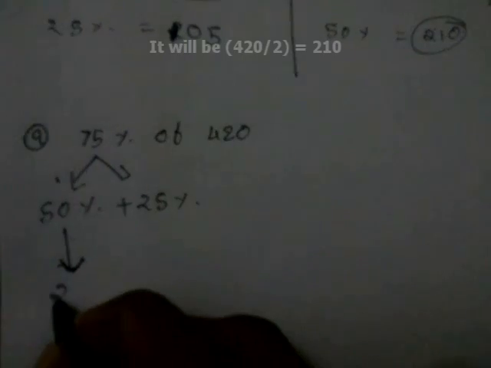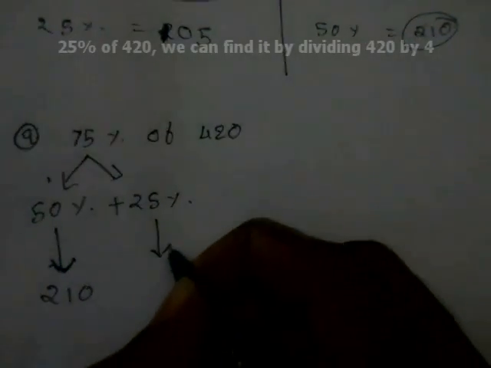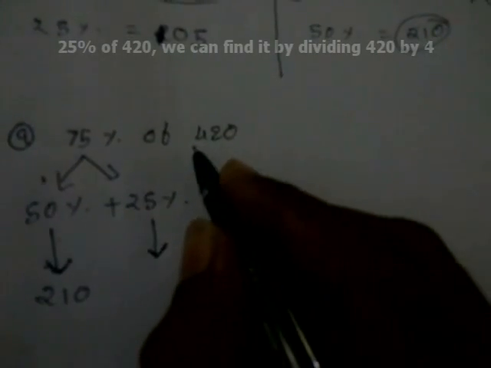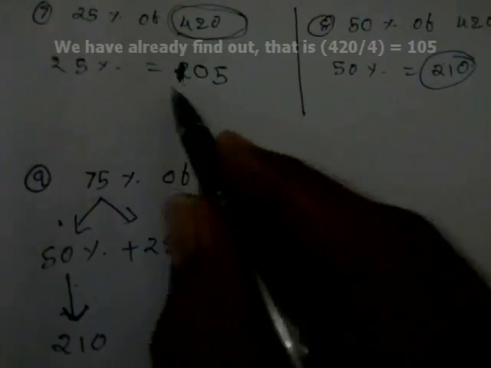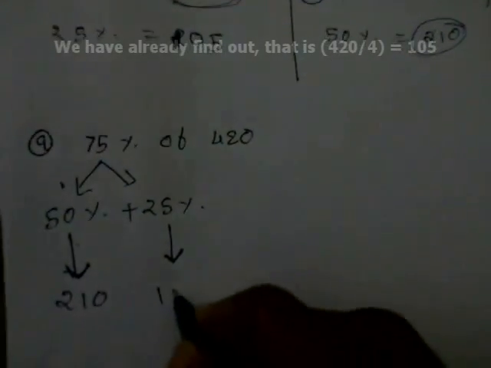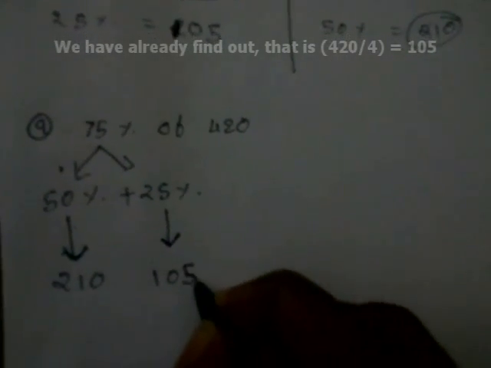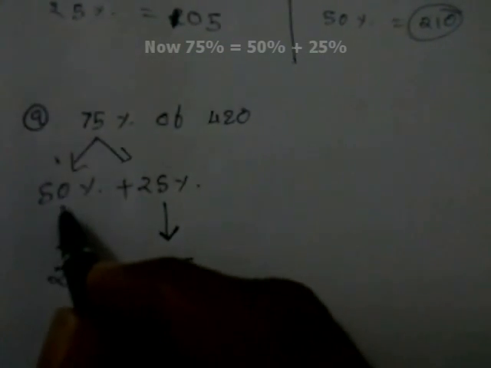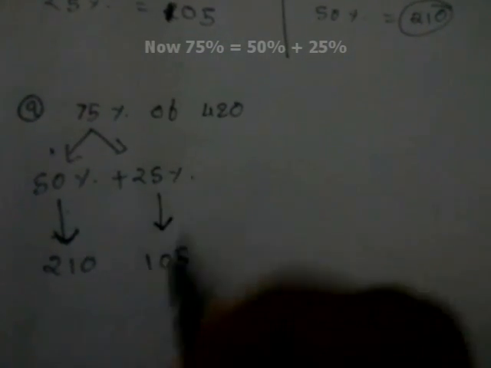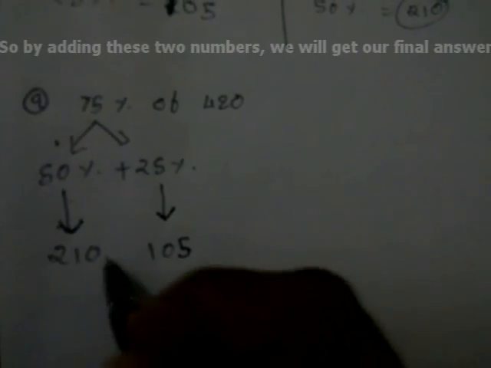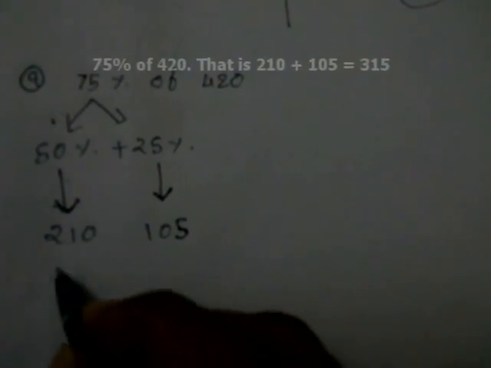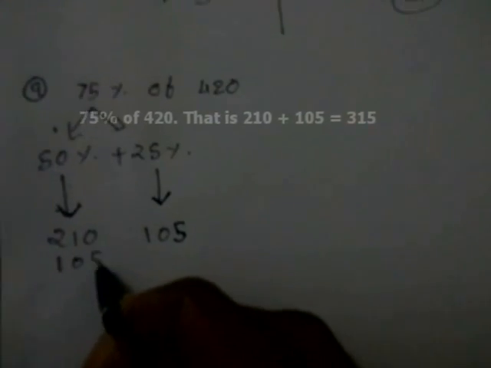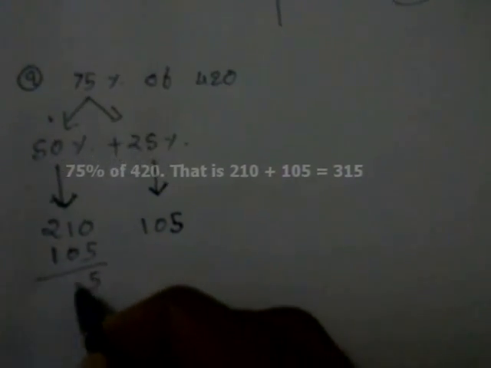It will be 210. And 25% of 420 we can find by dividing 420 by 4. We have already found that, it is 105. Now 75% is 50% plus 25%. So by adding these two numbers, we will get our final answer for 75% of 420. That is 210 plus 105.